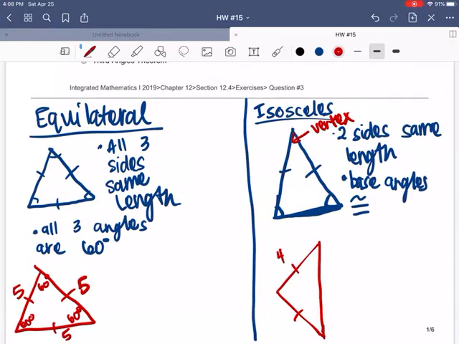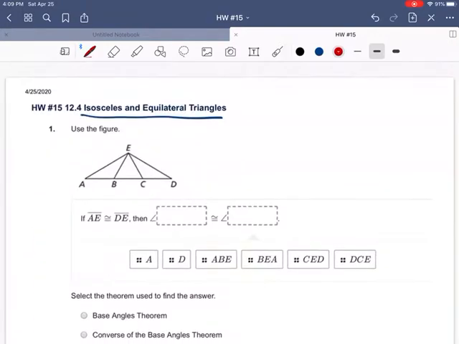I know that this side is 4, and this angle right here is 32 degrees. We can fill in more information from that. Since this angle's 32 degrees, this one's also 32 degrees. And since this length's 4, so is this one.